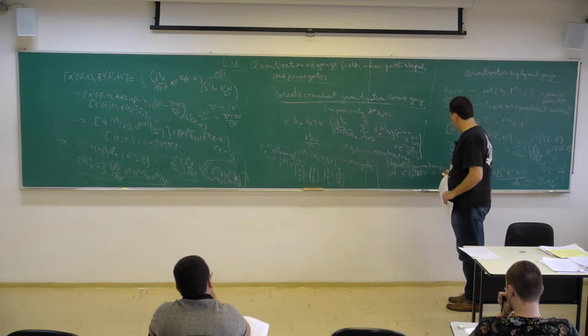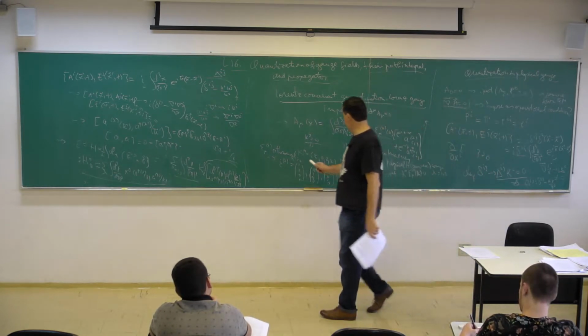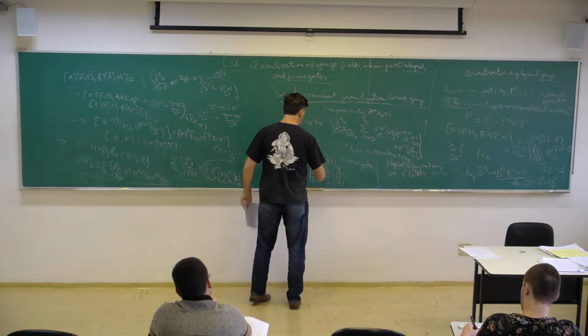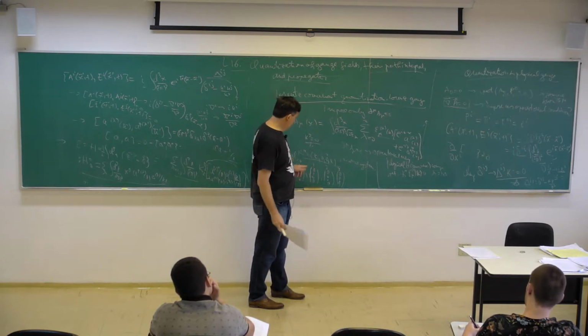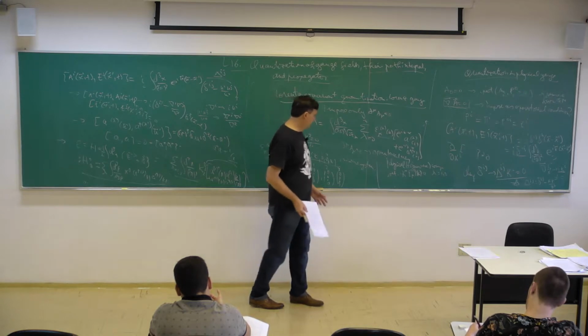So this is for lambda equal to 1 and 2. Explicitly, we multiply this with this: for lambda equal to 1 and 2, we obtain 0, right? And that's to be expected.